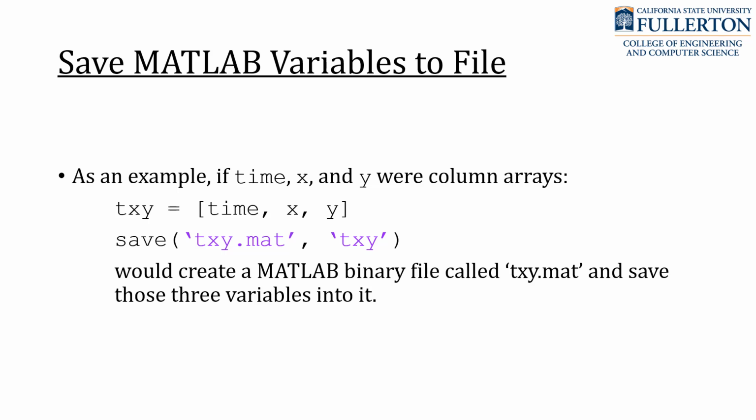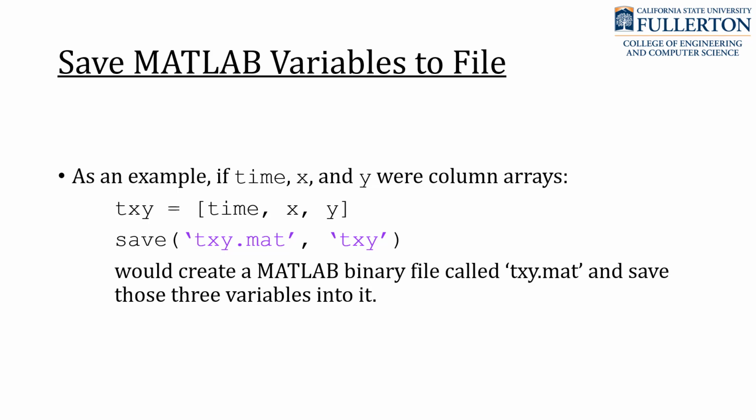For example, if we had three variables, time, x, and y, and each was a column array, I would concatenate them into a single three-column array with however many rows are involved, and save them as txy.mat and provide the variable txy as indicated.